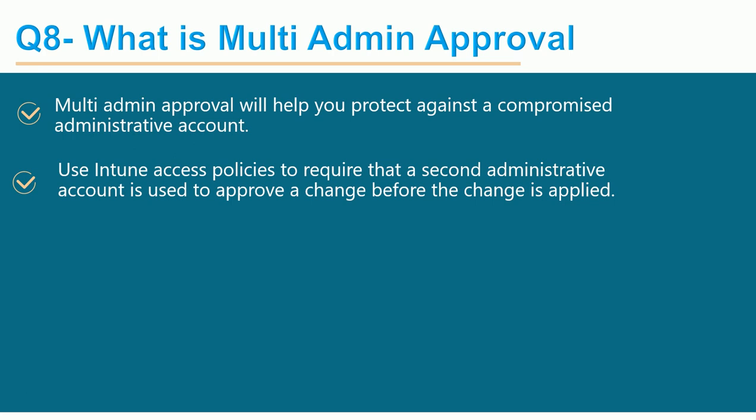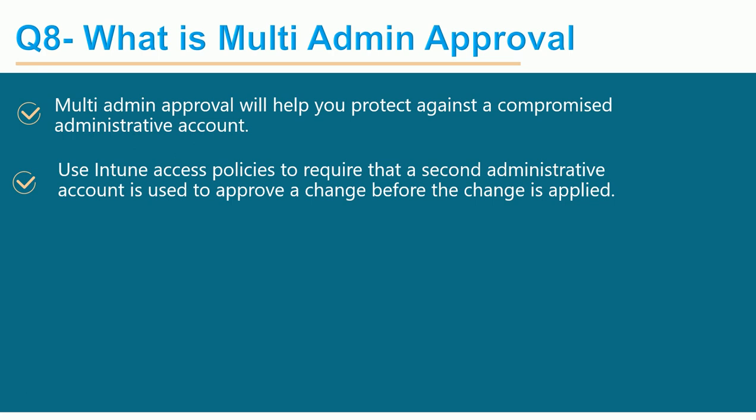Here you use the Intune access policy to require that a second administrative account is used to approve a change before the change is applied. Suppose you want to deploy a script, and you create the script, but that script should be validated in Intune by another administrator, whether it's right or wrong.